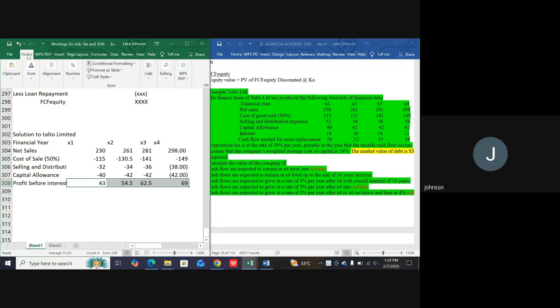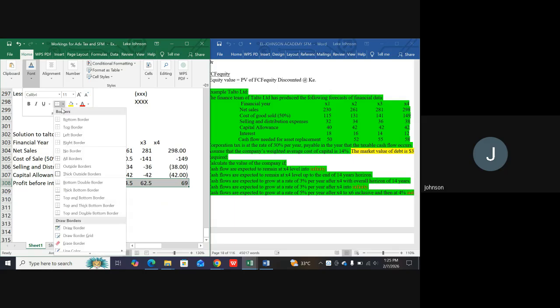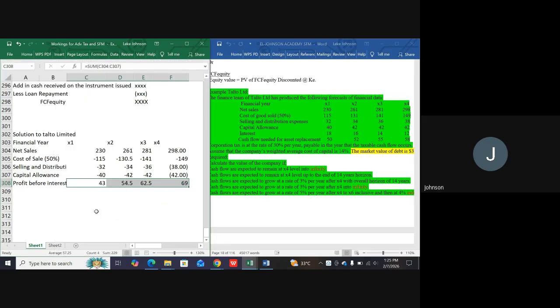I want to check for something, alignment, font, table. Okay, so that's the answer. So we've gotten our profit before interest and tax.